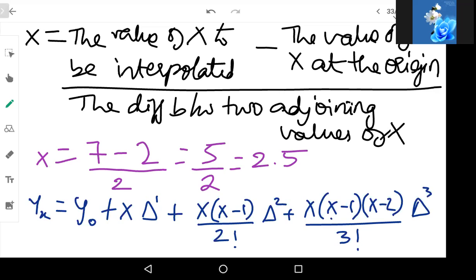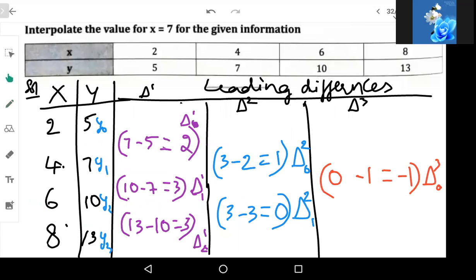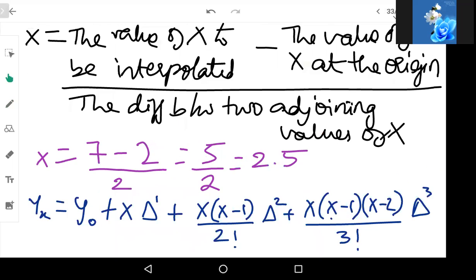Now if you see step 1, we have first leading difference, second leading difference and third leading difference. So we are considering all three.